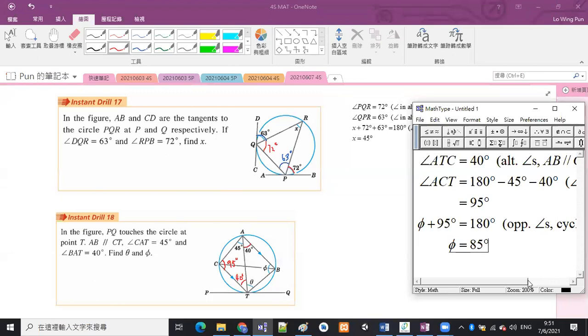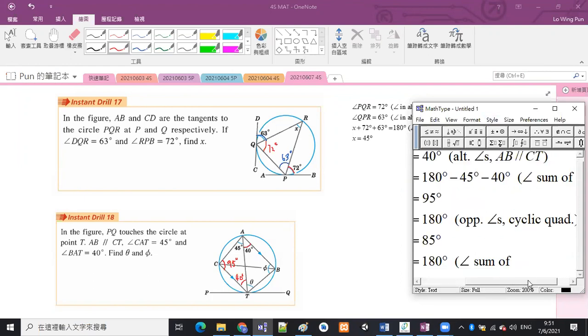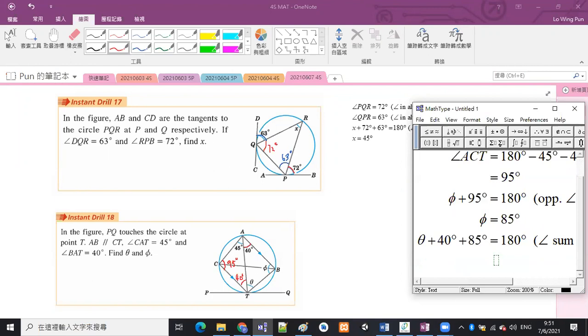That is the answer of the first part. And then using angle sum of triangle, theta plus 40 degrees plus 85 degrees should be equal to 180 degrees. This is angle sum of triangle. So we can find that theta should be equal to 55 degrees.